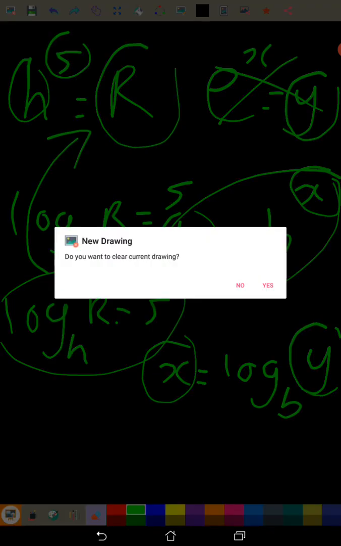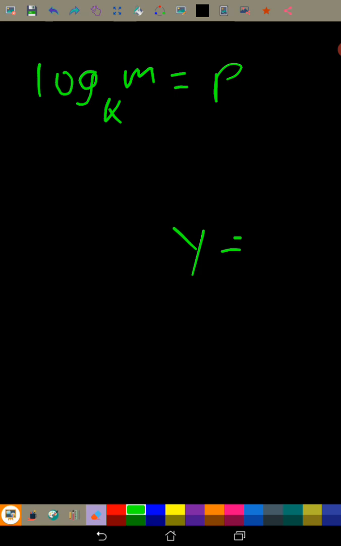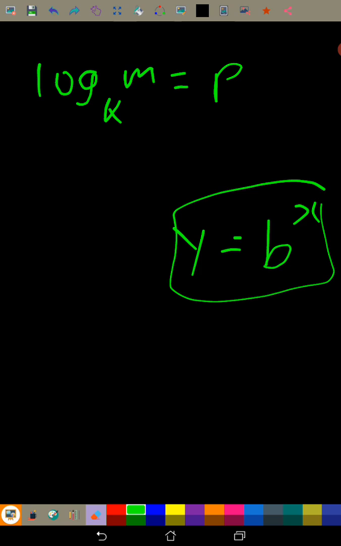Alright, so a quick summary. If we have log base k of m is equal to p, and we have to write it in the form y is equal to b to the power of x, we just know that this is a power, this is x, this is x, and this is k.